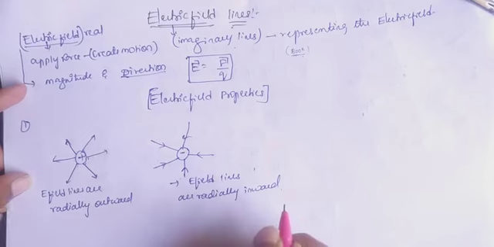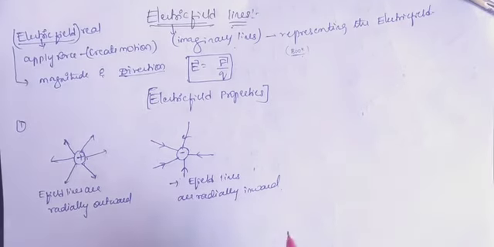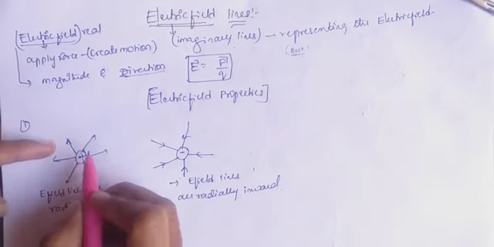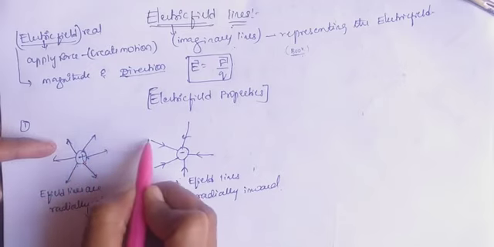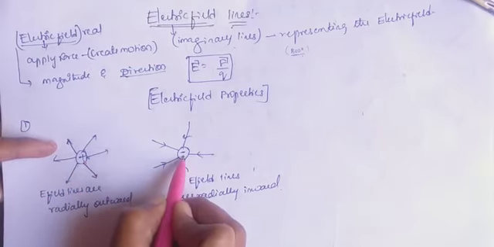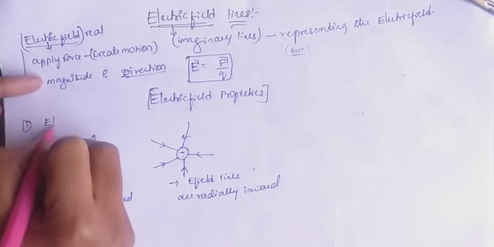The electric field lines start from the positive charge and terminate at the negative charge. Here is the starting point, and after some distance they are terminated at the negative charge.